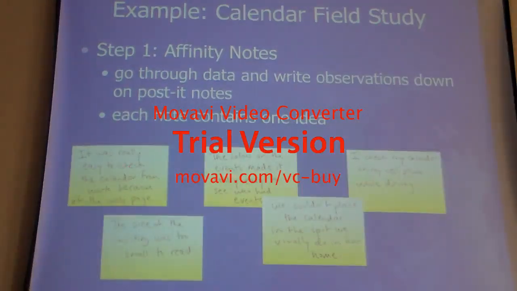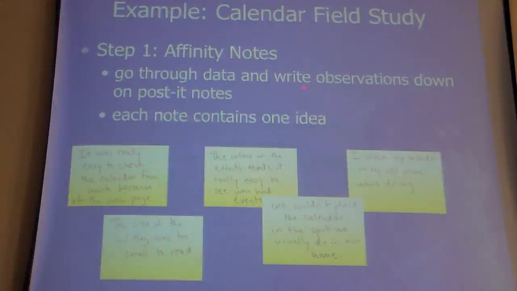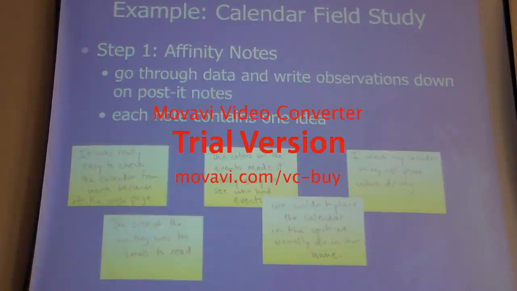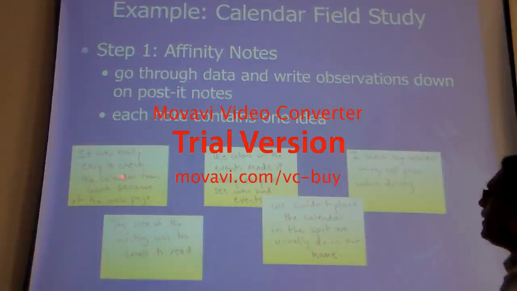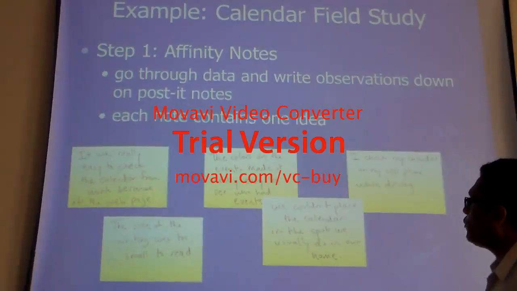Step 1, affinity notes. These are the notes that you can paste in some place. Go through the data and write observations down on post-it notes. Anything you observe, just write it on a sticky note. For example: it was really easy to check the calendar from home because of the web page.